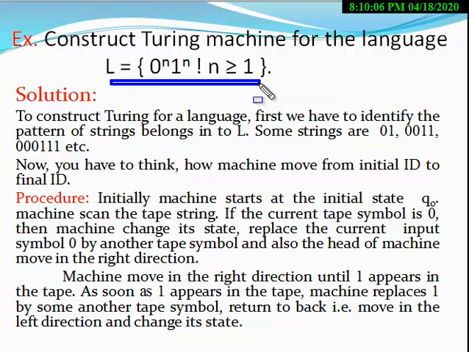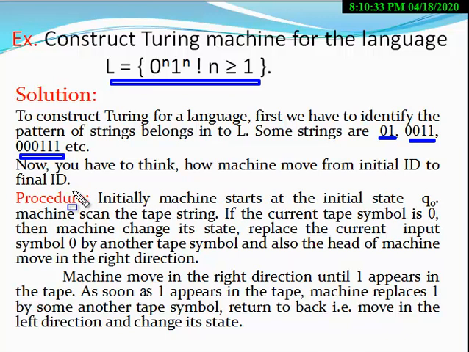Some of the strings which belong to this set are: 01, 0011, 000111, etc.